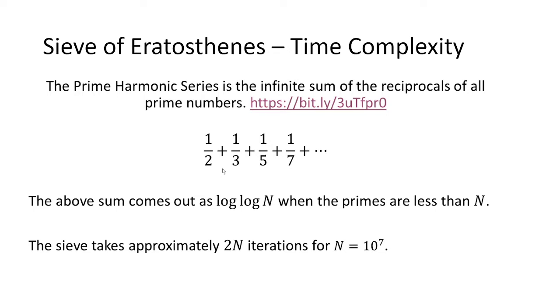So this will be n into this prime harmonic series, 1 by 2 plus 1 by 3 plus 1 by 5. Now this sum comes out as log n. There will be a proof on the internet, but the result is that this sum comes out to be log n. So the value of this, for suppose n equal to 10 raised to 7, is just 2.